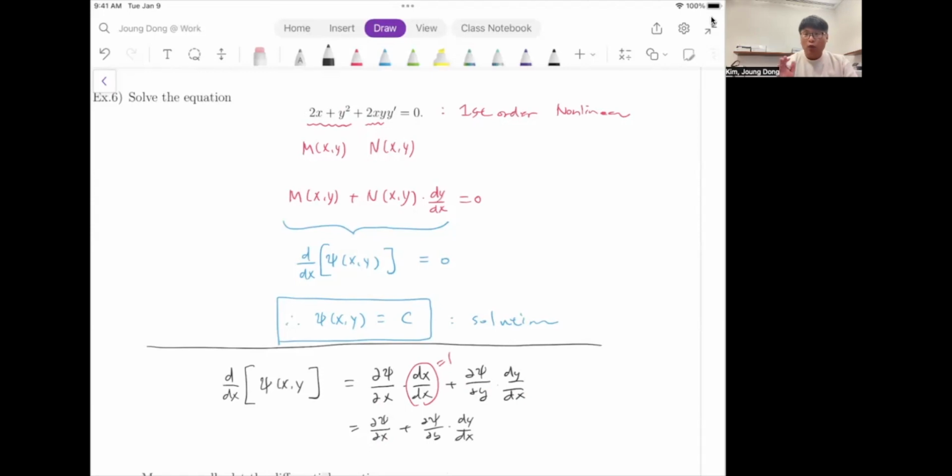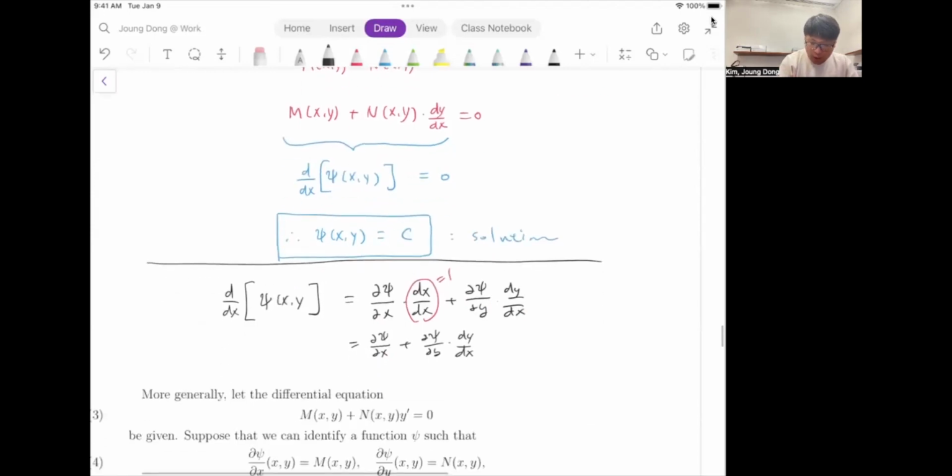As I said, we are talking about the left-hand side of your differential equation, which means let me write your differential equation right below this one. It is M plus N times dy over dx. Can you see it? We're going to play the matching game. If your M is exactly some function's derivative with respect to x, and your N is that function's derivative with respect to y, then beautiful.